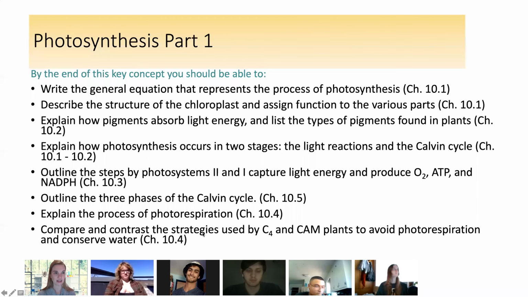All right, so lots of learning objectives with photosynthesis. This is one of our big processes that we're going to try to really wrap our heads around this semester. We will look at the structure of the chloroplast briefly this afternoon. This is where all the magic happens. There are some pre-recorded lectures for you that talk about the different types of pigments that are found in plants.